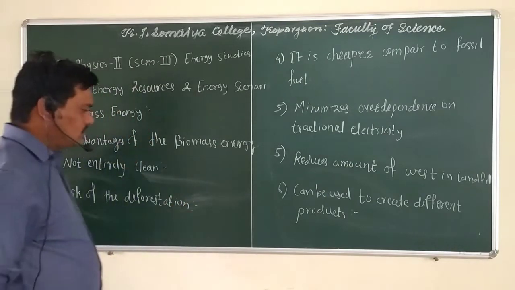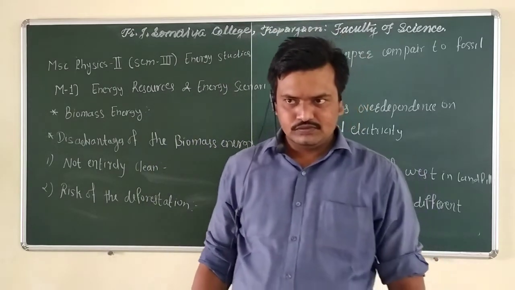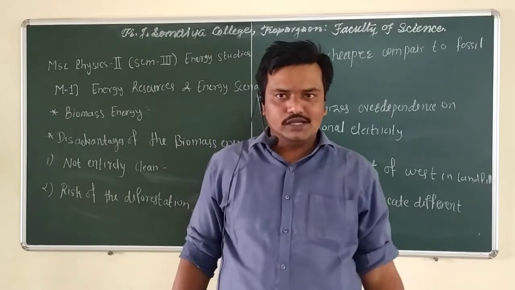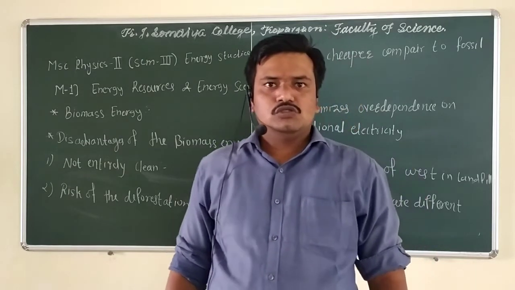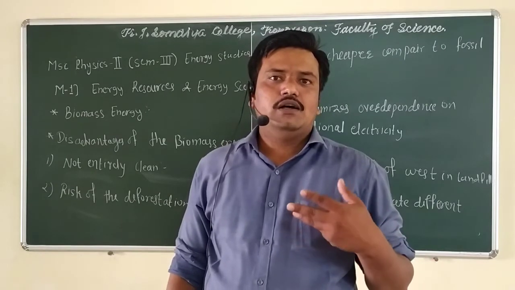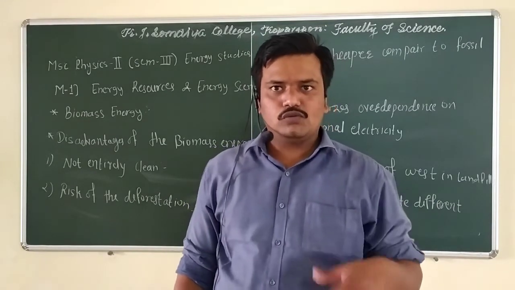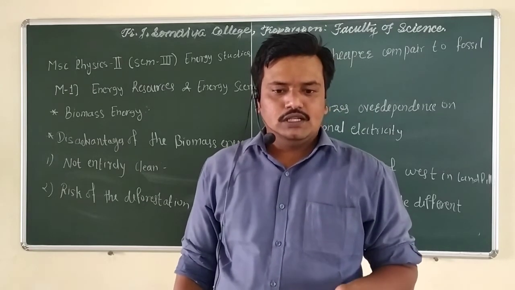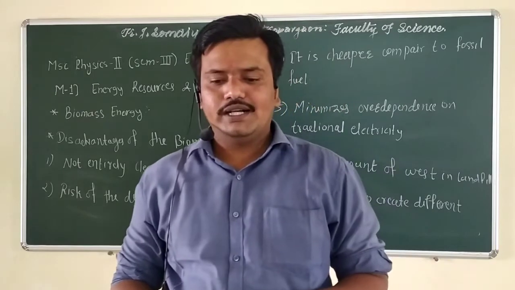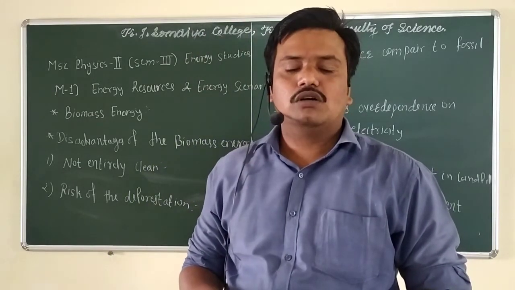So this is the second disadvantage, the risk of deforestation. It means that to harness biomass energy, we need agricultural waste as well as forest residue or forest waste. Biomass energy sources are renewable but have to be utilized sustainably.